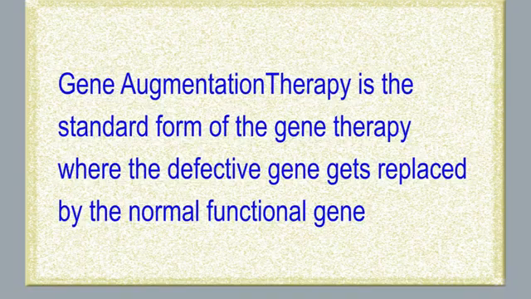Gene therapy can also be categorized based on the different methods used for the treatment. The main methods used in gene therapy are as follows. One: Gene augmentation therapy. This is a standard form of gene therapy where the defective gene gets replaced by the normal functional gene.